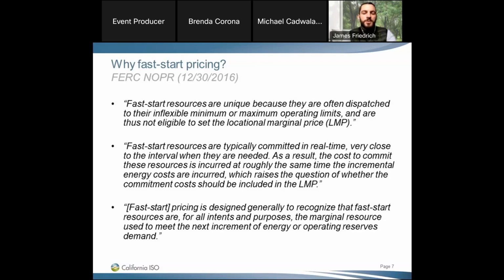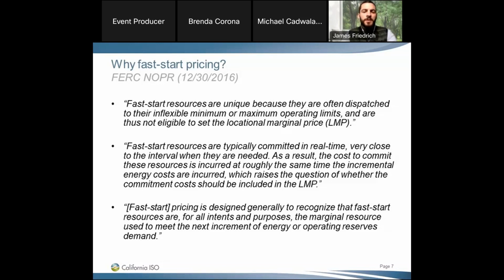Instead, we need to dispatch those units to their minimum output, and then dispatch another unit down to meet the actual incremental demand. Because of that, the price is set by the resource that's moving, and not the fast start resource, which can put downward pressure on the price. So the FERC NOPR intended to recognize that these fast start resources are often critical for meeting load in real time, but because of their operating constraints, they're often not eligible to set the price.